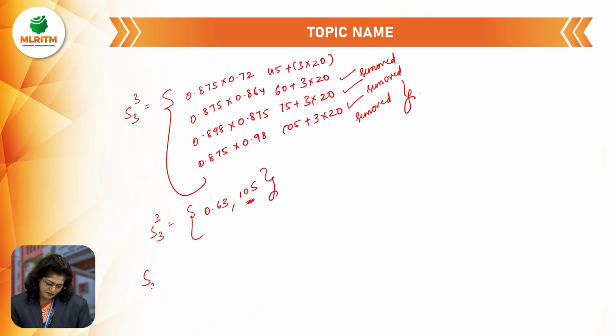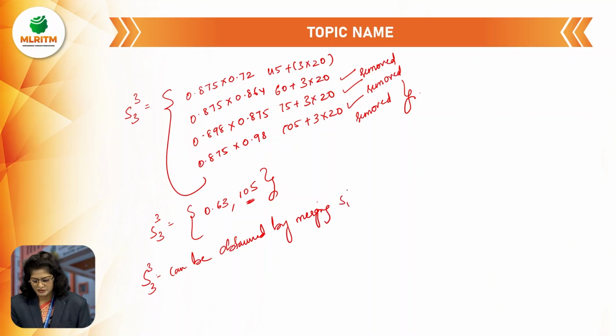Now we need to merge. S3 can be obtained by merging S1 3, S2 3, S3 3. So the overall result that you are going to get, now we need to compare with all.